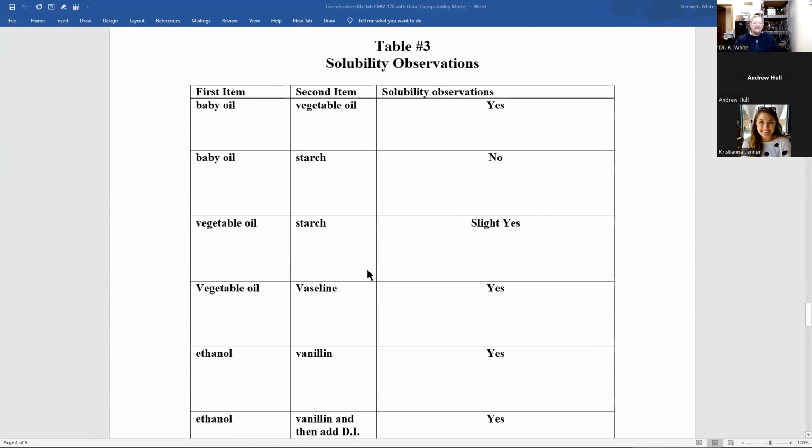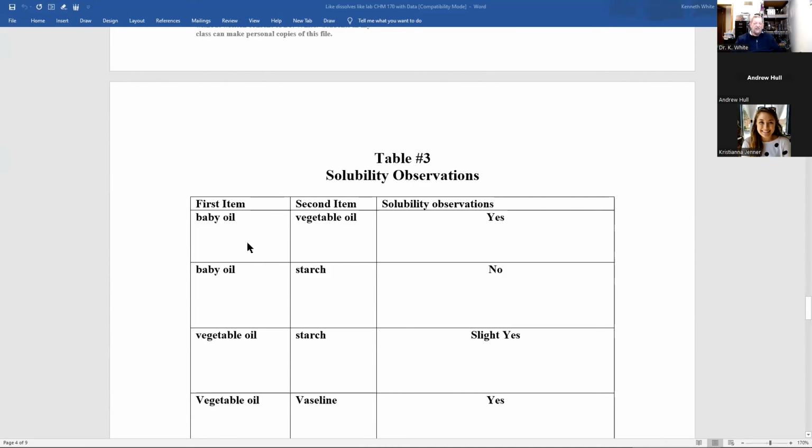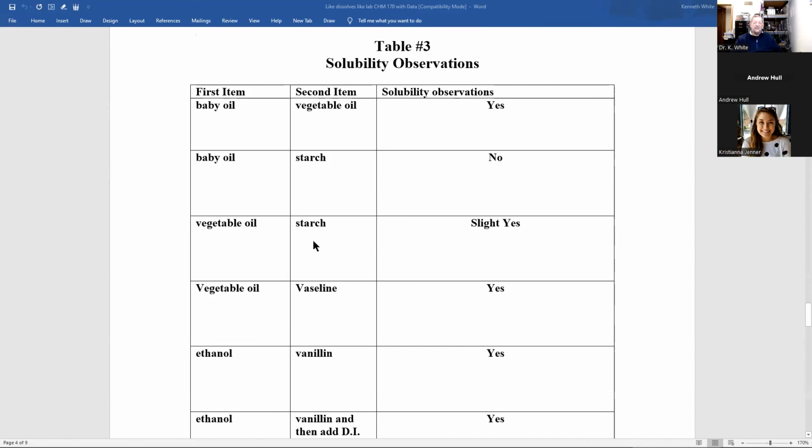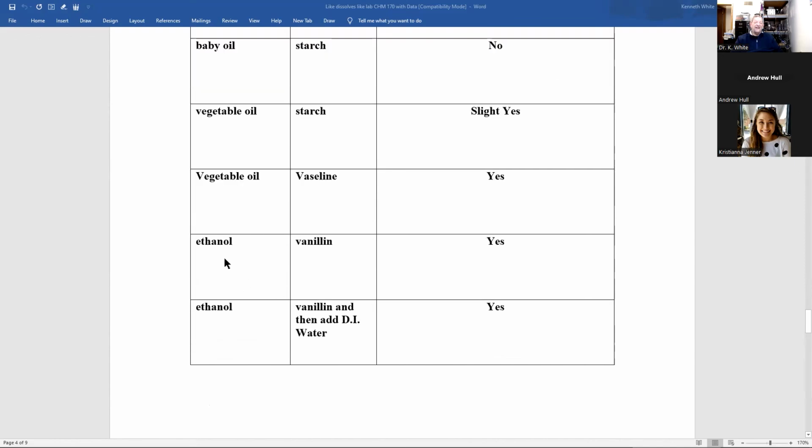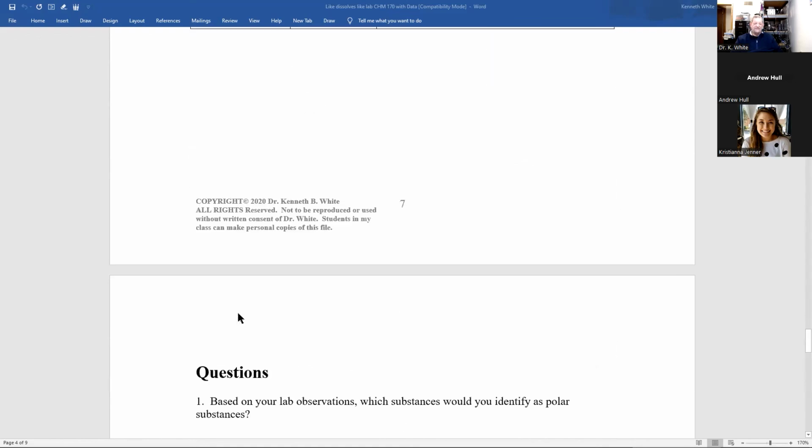On that one, I've got some interesting things like baby oil and vegetable oil, baby oil and starch, vegetable oil and starch, vegetable oil and Vaseline, ethanol and vanillin, then add DI water. Why? Because vanilla extract is vanillin in ethanol and water, not pure ethanol.